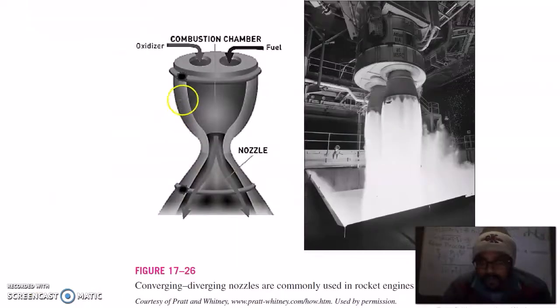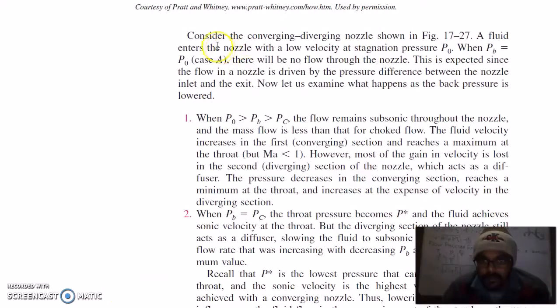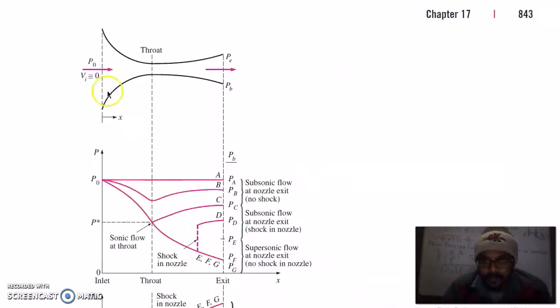So you can see converging diverging nozzles are commonly used in rocket engines to provide high thrust. So this is the converging part, this is the diverging part. Consider the converging diverging nozzle shown, where the stagnation pressure is P0 and the back pressure is PB. This is your converging diverging nozzle.